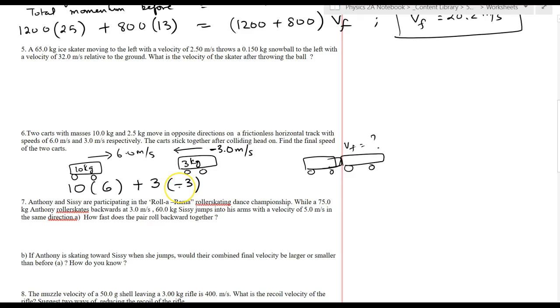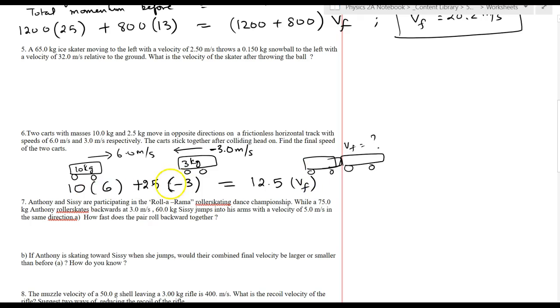So be sure to put the negative sign for the velocity. Equals, they are combined together, so their combined mass is 12.5, and we don't know the velocity, so let's call that VF and solve for it.